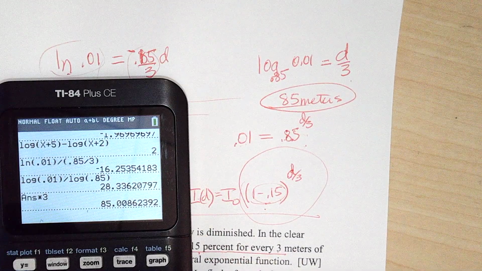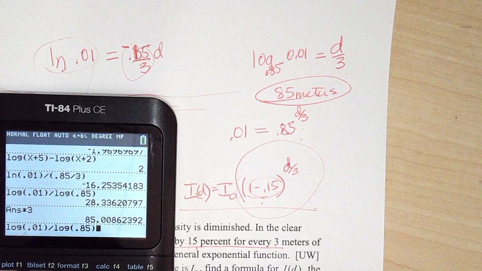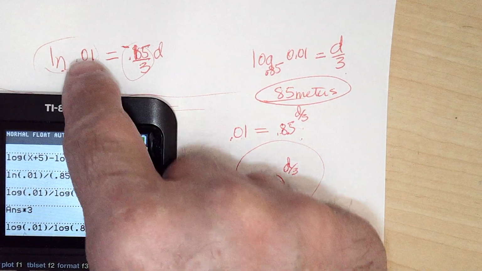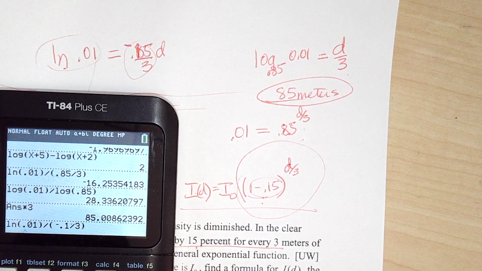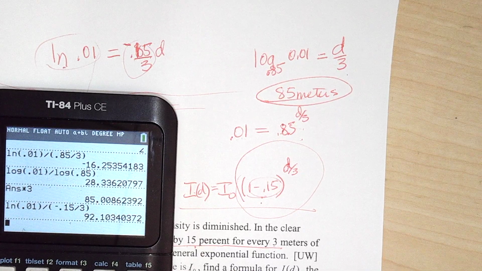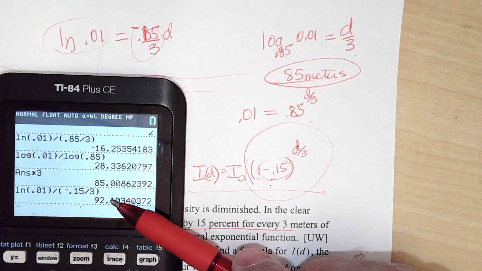So let's go back and do this one. It should have been ln of 0.01 divided by negative 0.15. So this one says that we have 92 meters deep.